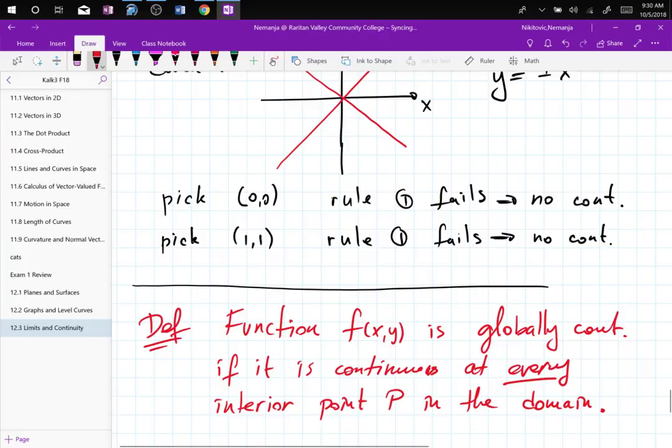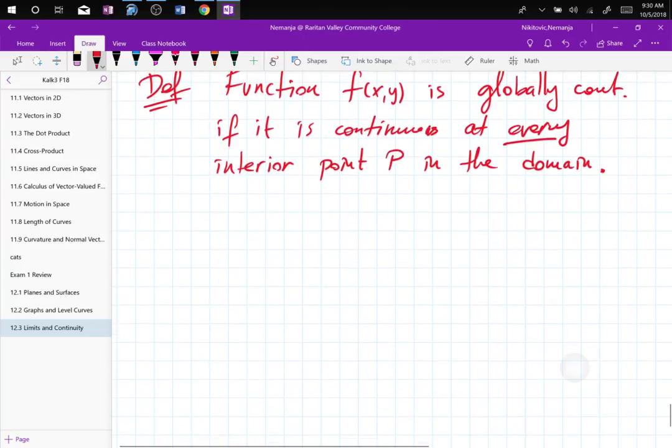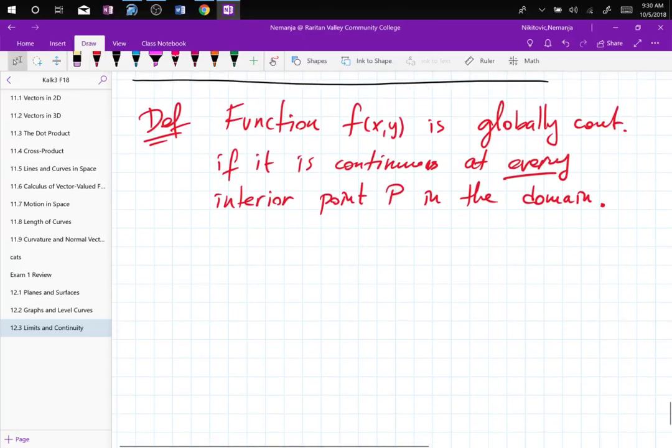Oh, that's the xy domain, xy plane. Good. So the function we just had is not globally continuous. The one before that is globally continuous because it's continuous.